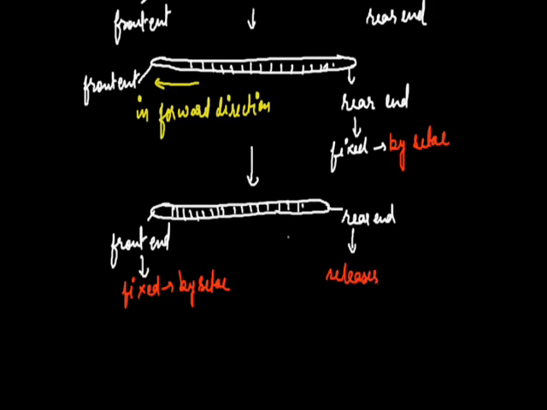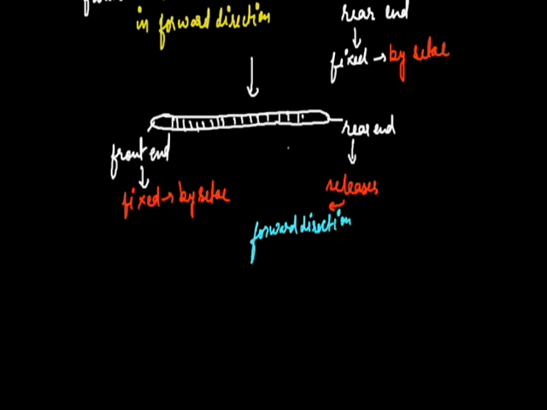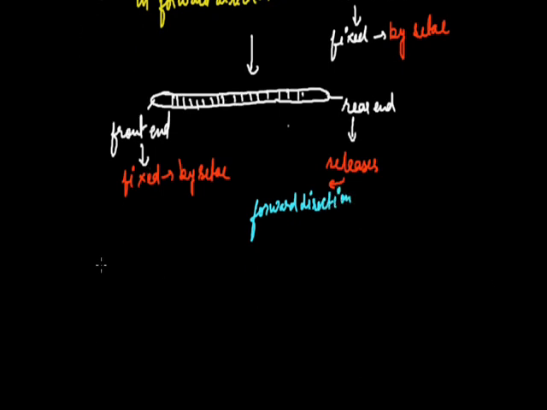And after releasing the rear end, now it extends in forward direction. So by this, earthworm can move from one place to another place. This is all about earthworm movement.